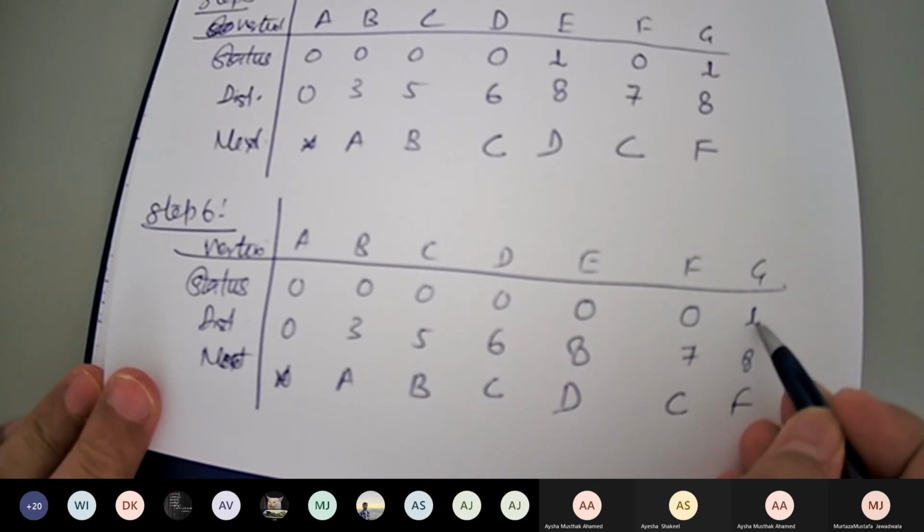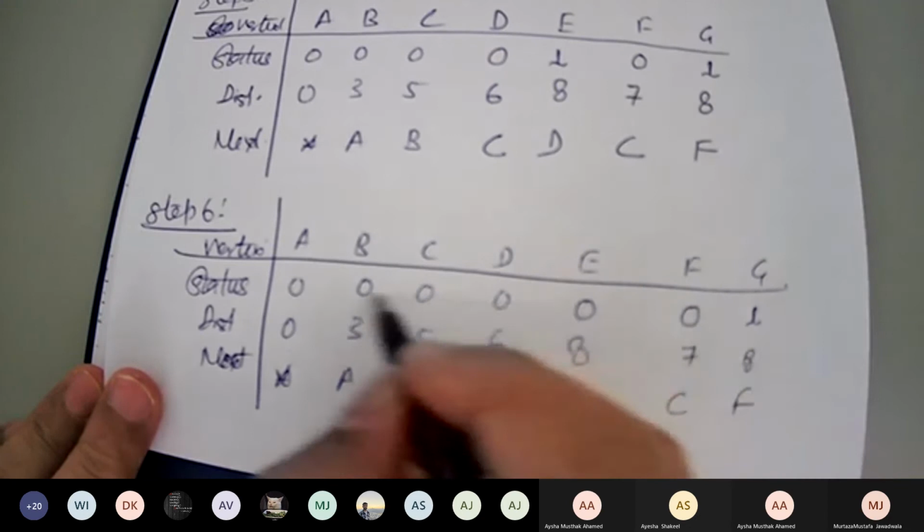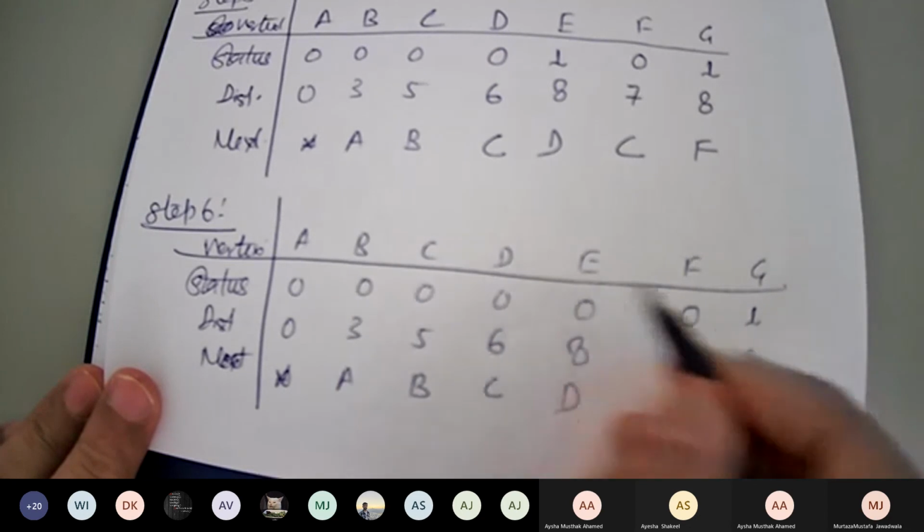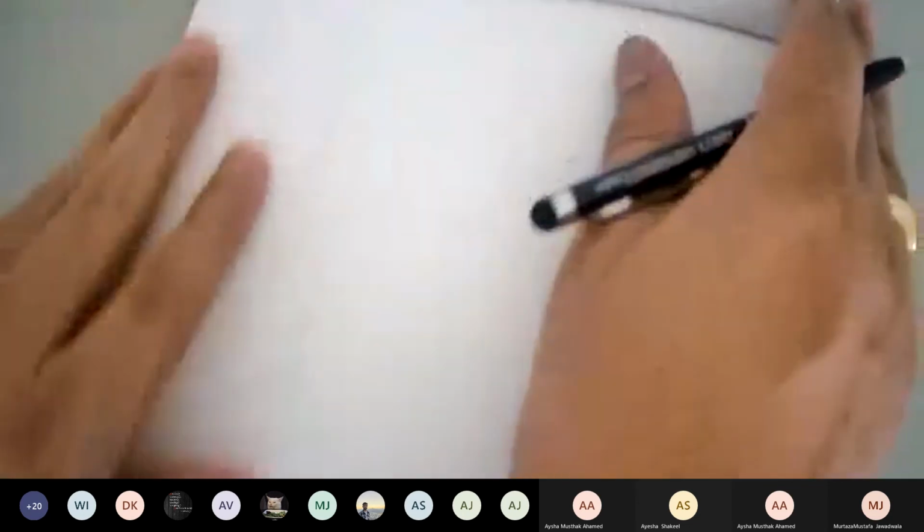This will become 0. And from here, since all statuses are 0, nothing will change, and 8F you will be writing. So let's write this. Step 7, final step.